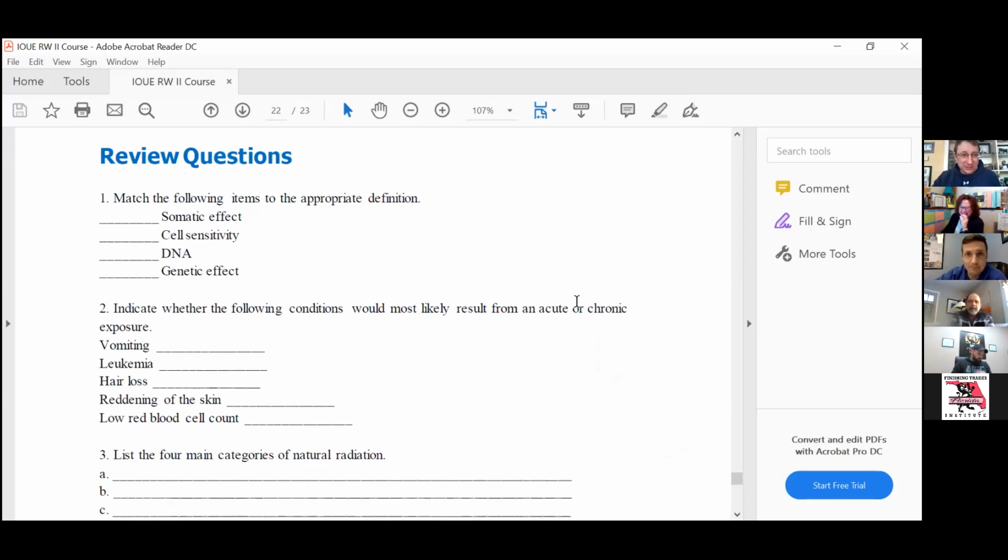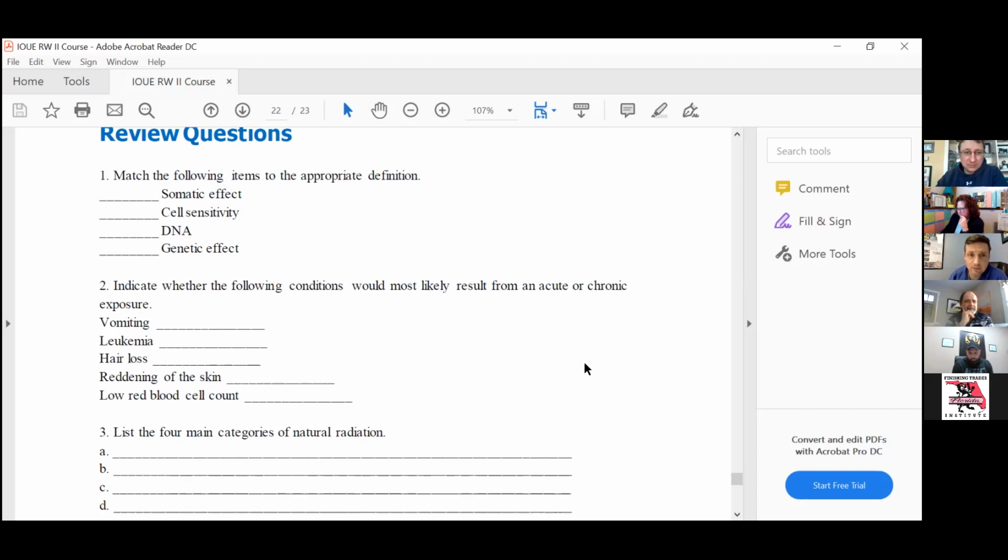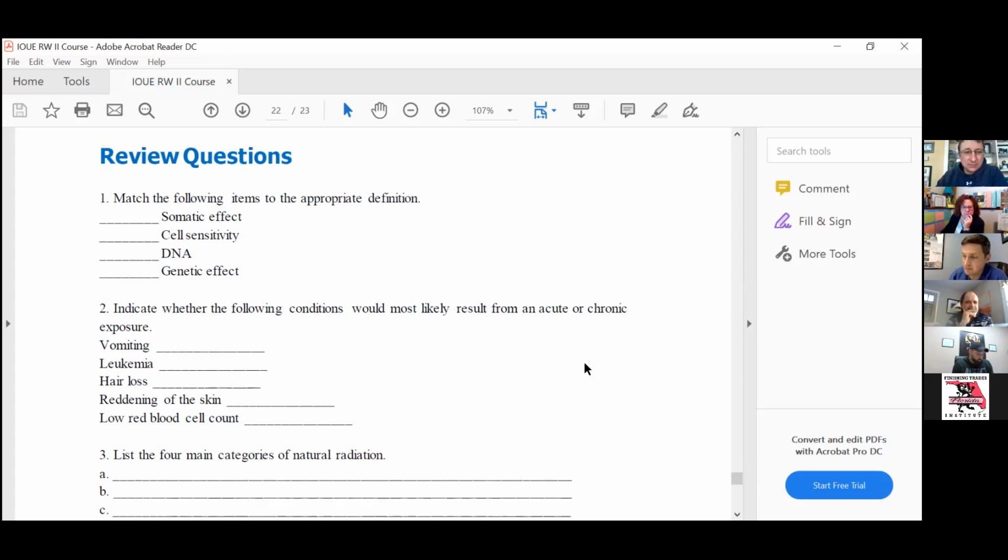All right, folks, so I apologize. The first question, for some reason, the definitions got deleted, but did anybody just look up the definitions for somatic effects, cell sensitivity, DNA, and genetic effects? Somatic effects, a delayed effect. Cell sensitivity is how fast a cell divides.